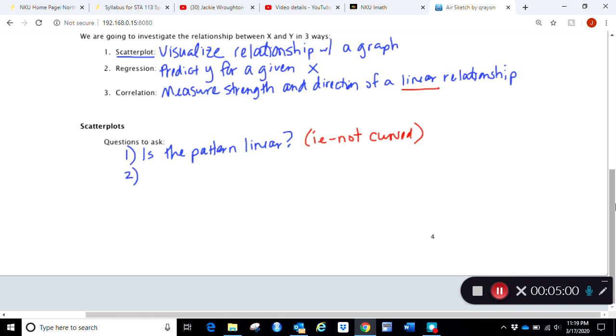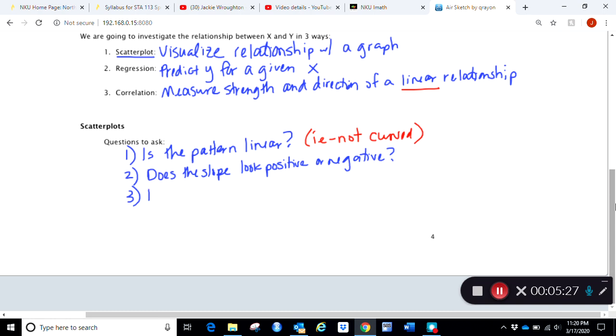Second, I'm going to see if the slope looks positive or negative. That's going to be an important aspect for what kind of relationship is going on between x and y.